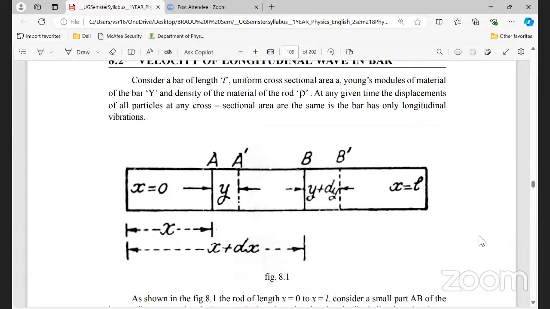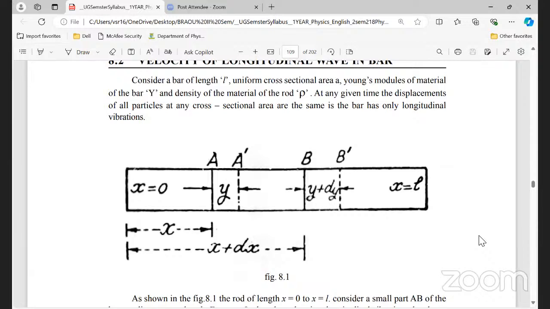These are the terminologies. You have to know what cross-sectional area is, what Young's modulus is, and also density. What do you mean by density? Mass per area, mass per volume, mass per length. So many are there.